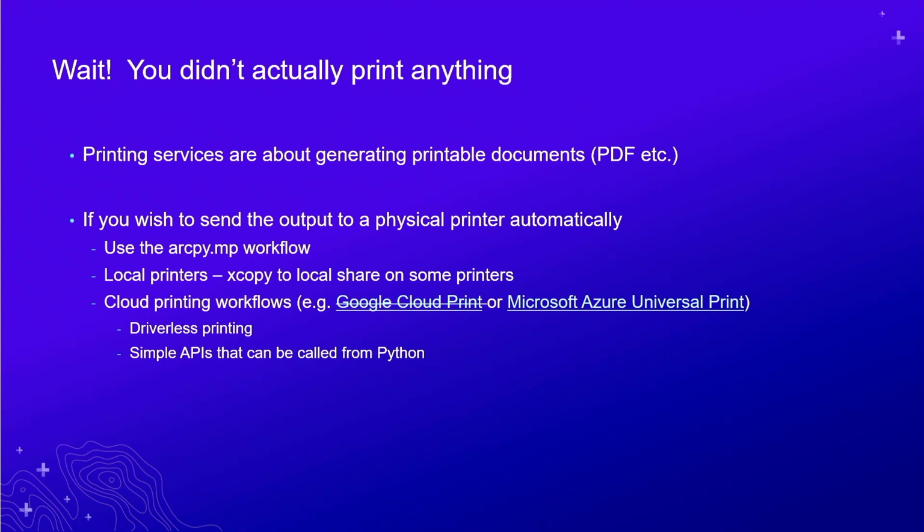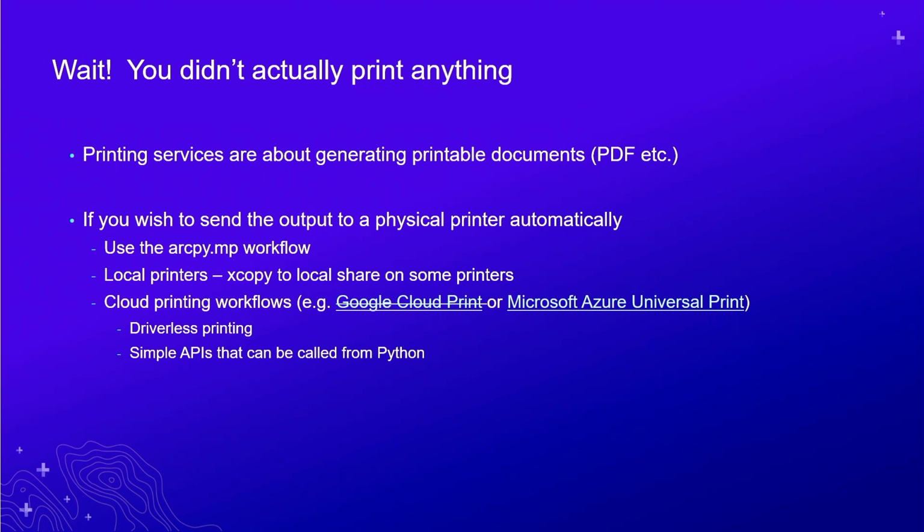And if you want to do that, then there's a few things we'd recommend. One, use the arcpy.mp workflow, and then how you actually get the print to the physical printer depends a bit on what you're using for a physical printer.